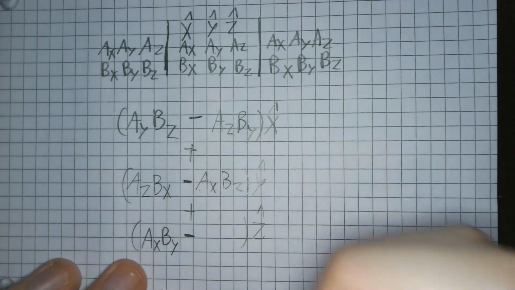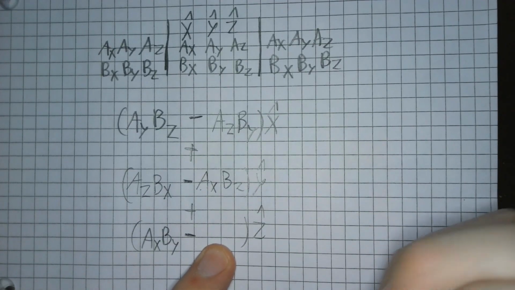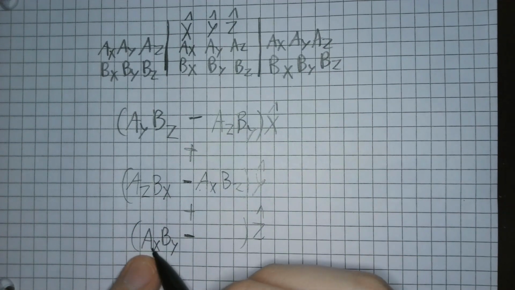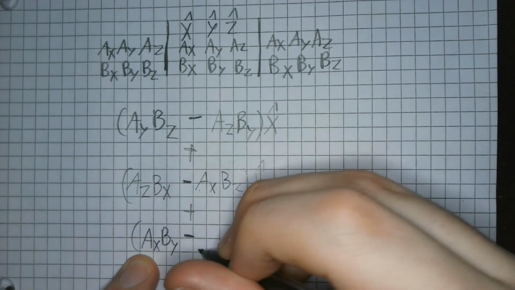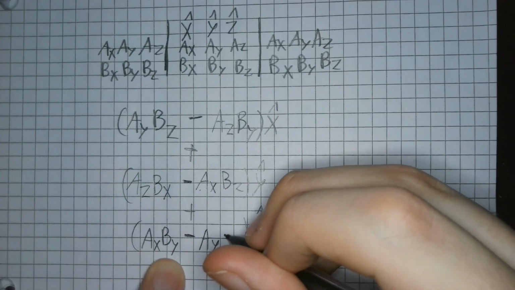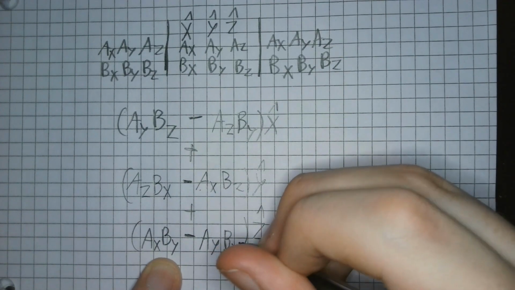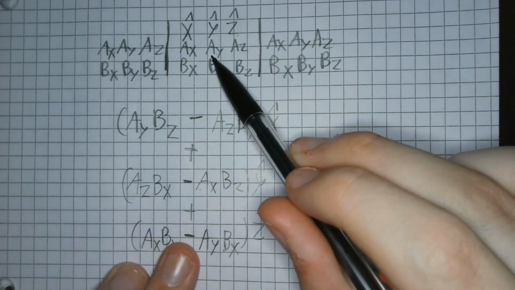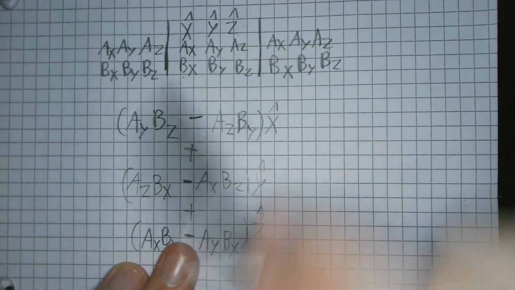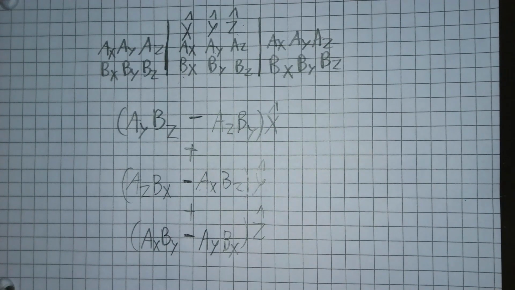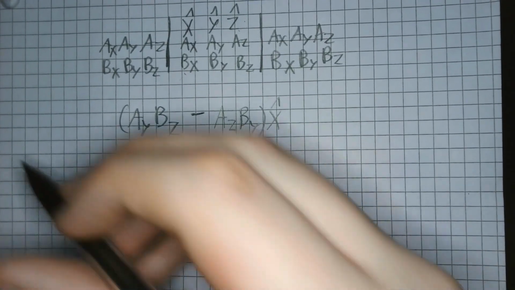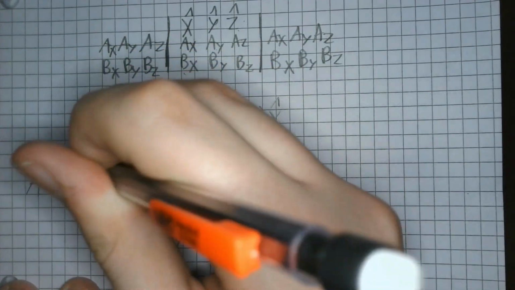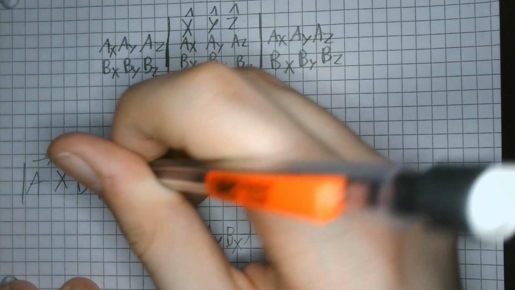And then you can also just remember that the second term in each set of parentheses is just kind of the opposite of this. So instead of A x, it'll be A y. And instead of B y, it'll be B x. Okay, and we can get the same result from doing our rule. Okay, so this formula is also equal to the magnitude of A cross B.